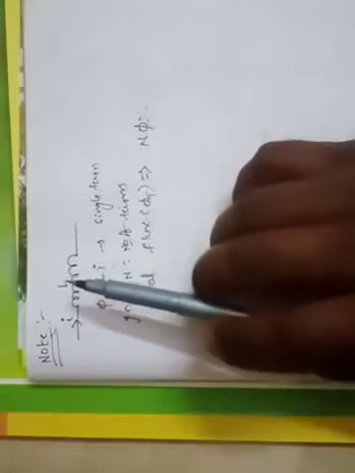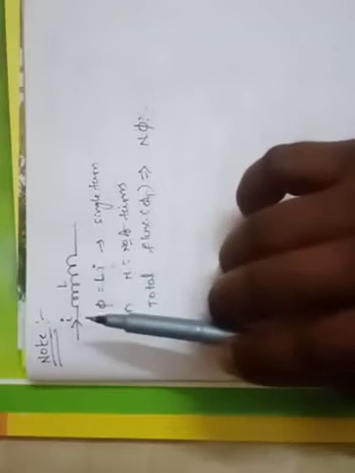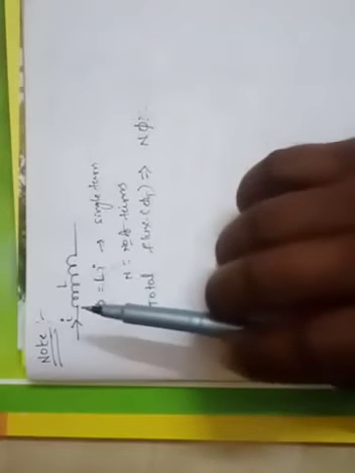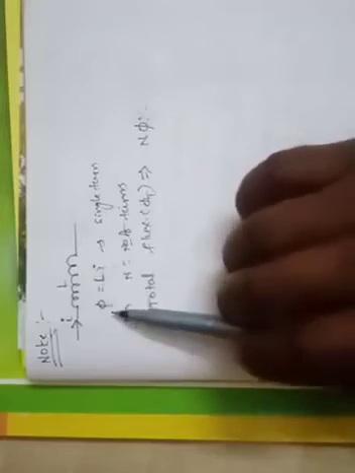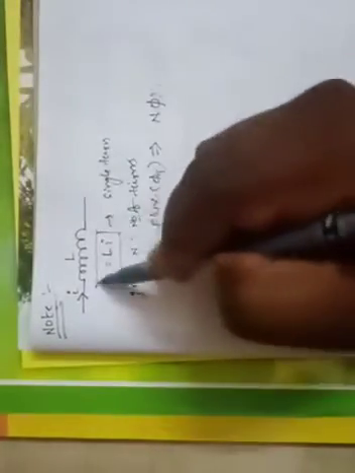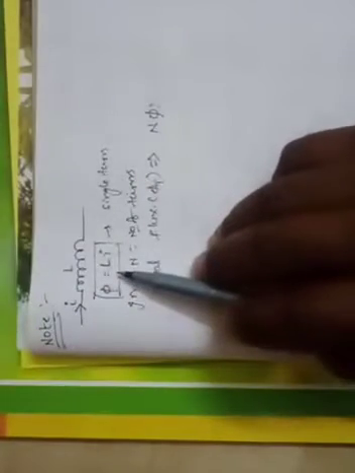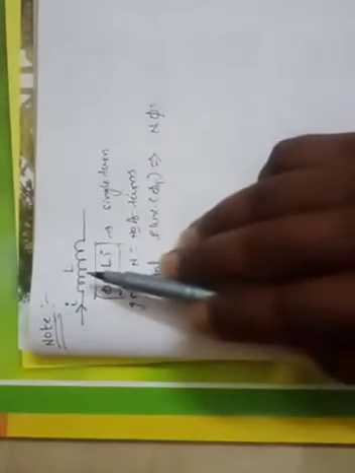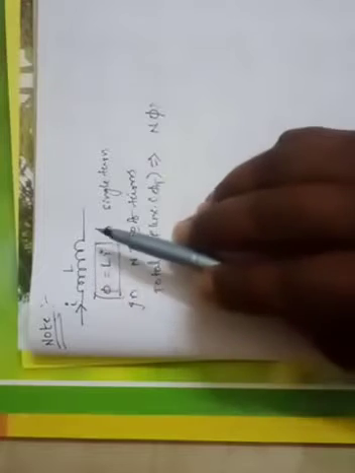Also, experimentally it was found that the magnetic flux linked with the coil is directly proportional to I. So we saw in the previous lecture that phi is equal to L into I. But this expression is used if the coil contains a single turn, so N is equal to 1.